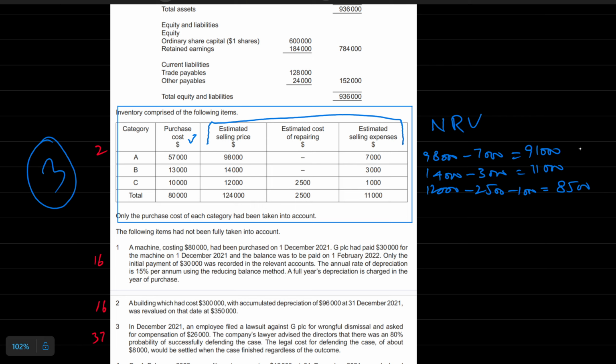So, by applying the rule of inventory valuation, lower of cost and net realizable value, students, for A, cost is 57,000 and net realizable value is 91,000. So we will value A at 57,000. So for A, it is 57,000.